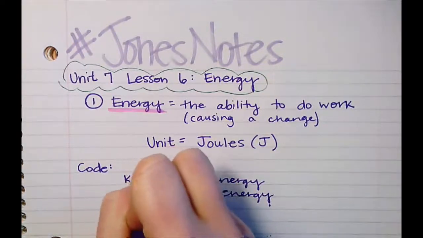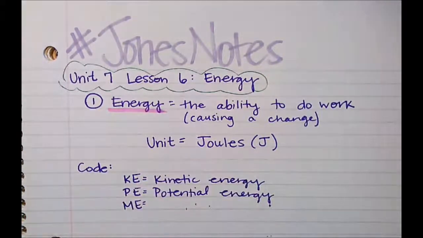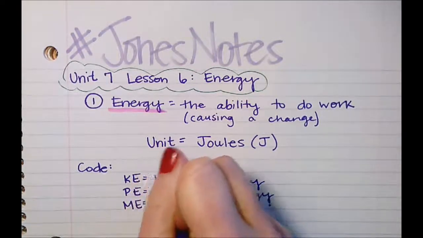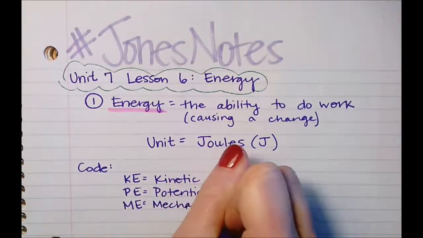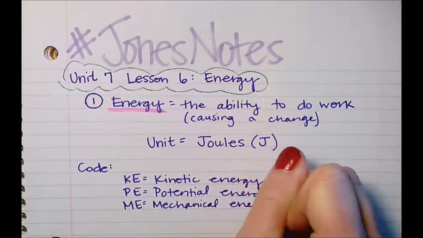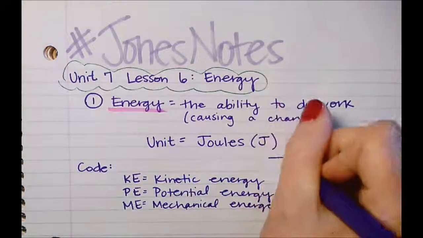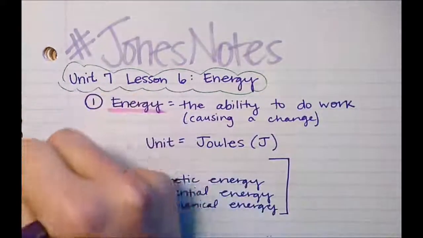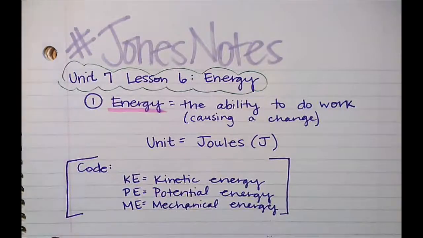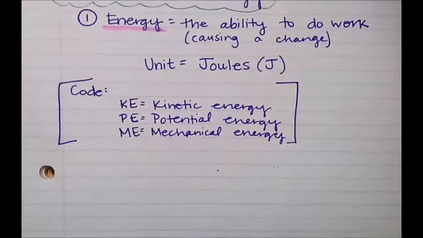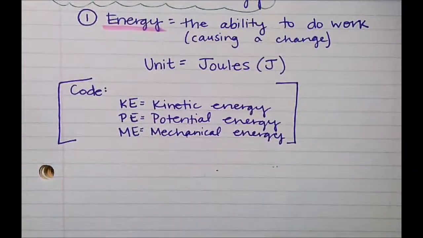And if I use ME, I'm talking about mechanical energy. That's just a little code we're going to use so that we don't have to use the same wording throughout the whole video.